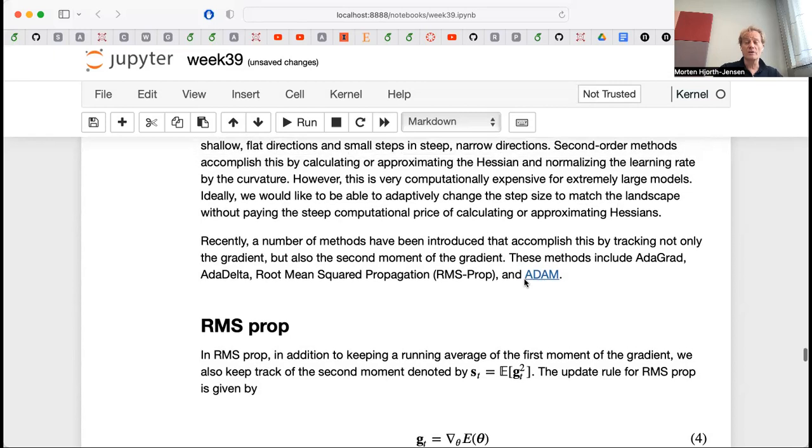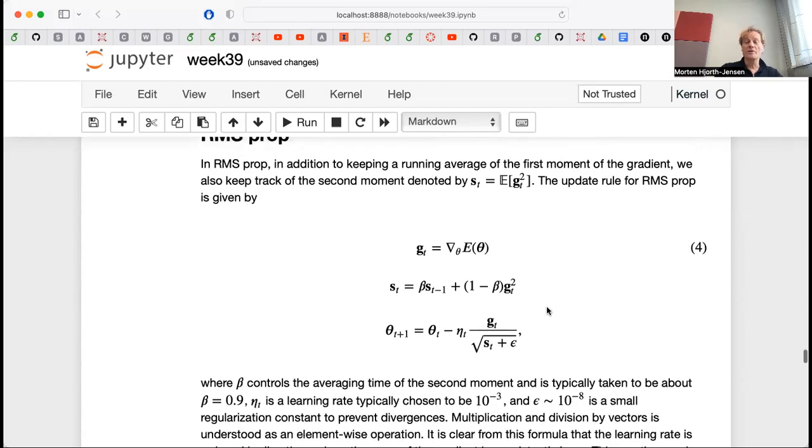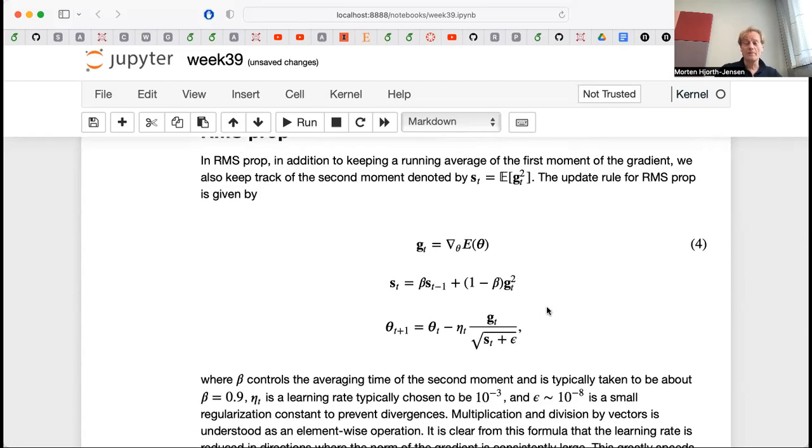That is going to lead to these methods, which are called AdaGrad, root mean square propagation, Adam, and many, many others. This is a very open research field, and there's a lot of interesting mathematics to try to understand. In many cases, you just end up with ad hoc recipes, and if they work, they work. And then people just stay with the methods which work best for their applications.